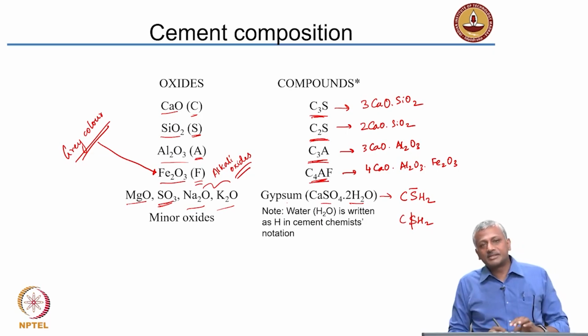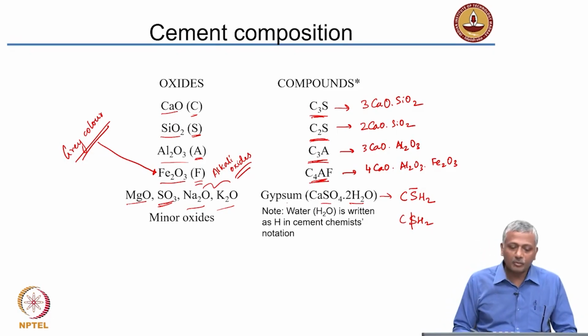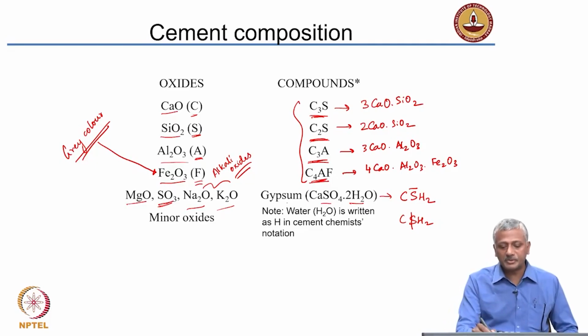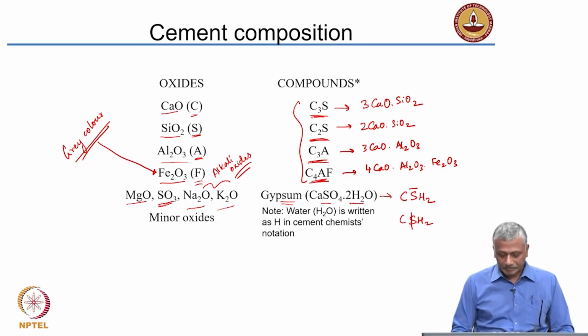Do not confuse yourself with this, do not worry about it, it is just the way that cement chemistry notation actually works. For the most part, you need to remember these 4 principal products that are present in the clinker that comes out. Of course, gypsum is added after the clinker comes out and proportioned together with the clinker to make your Portland cement.